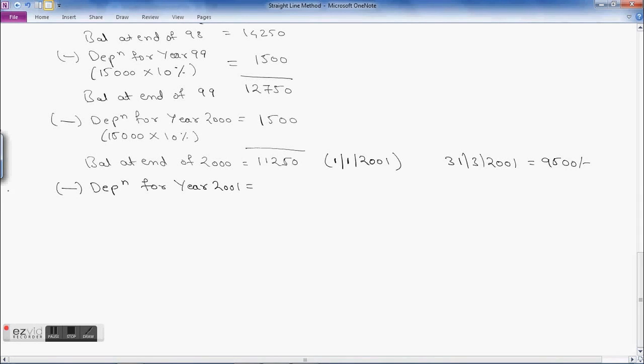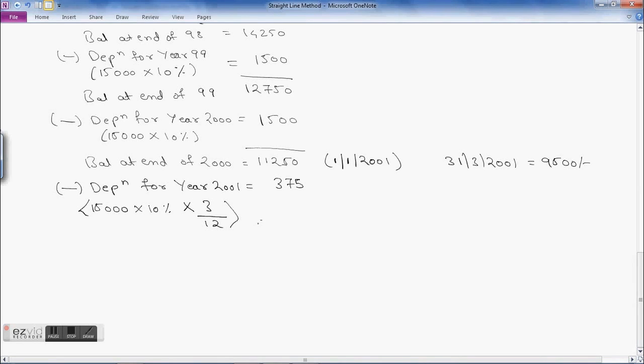Now see the depreciation for 2001. The machine has been there only for 3 months, that is Jan, Feb and March. So depreciation will be 15,000 into 10% into 3 months divided by 12 months. That comes to 375.